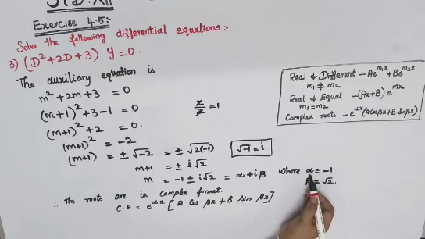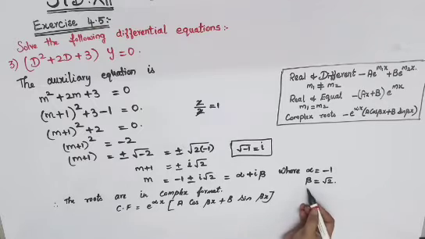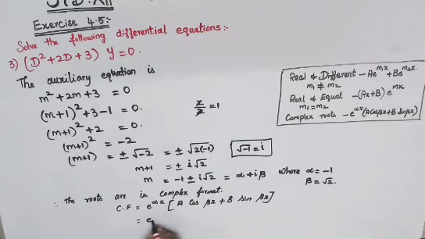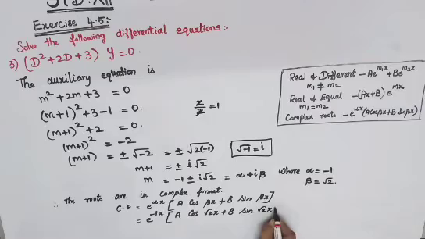So in the place of alpha you will have to write minus 1, in the place of beta you will have to write root 2. So we'll just substitute it here: e power alpha is minus 1, so e power minus 1x into a as it is, cos of beta, which is root 2, so cos root 2x plus again b sin root 2x.